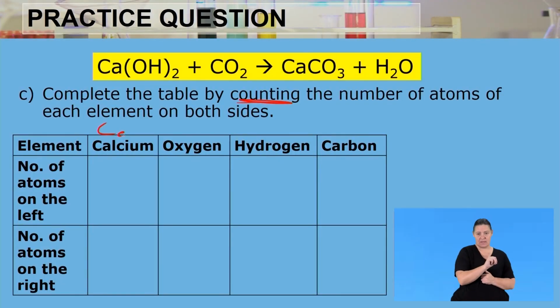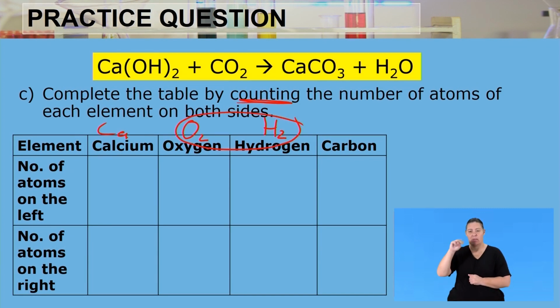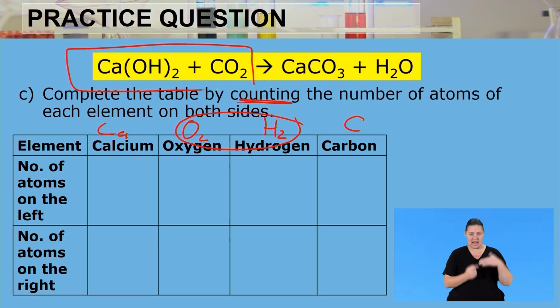So calcium, Ca, oxygen, O2, hydrogen, H2. Remember that these two are part of the diatomic molecules, and then carbon is C. So how many calciums do we have on the left-hand side? We only have just the one, so it is 1.